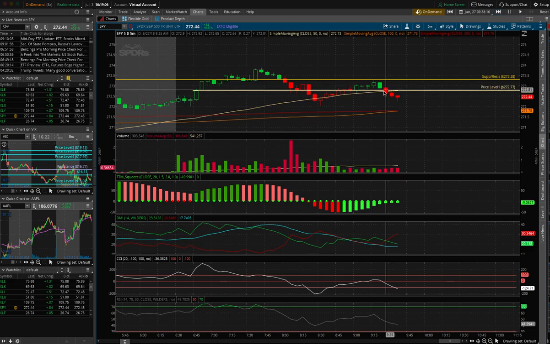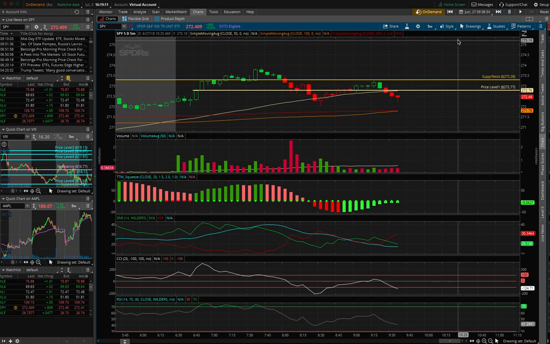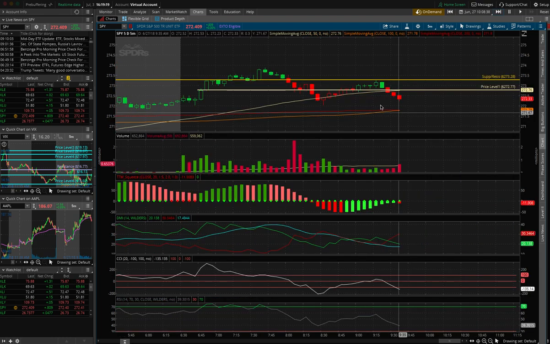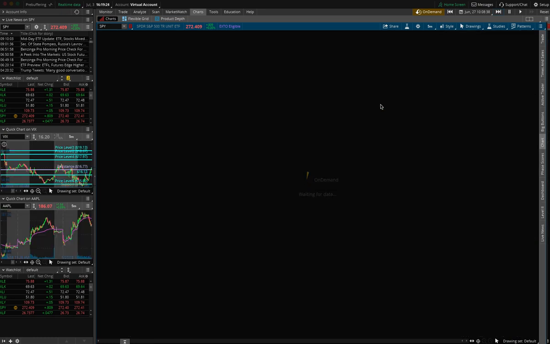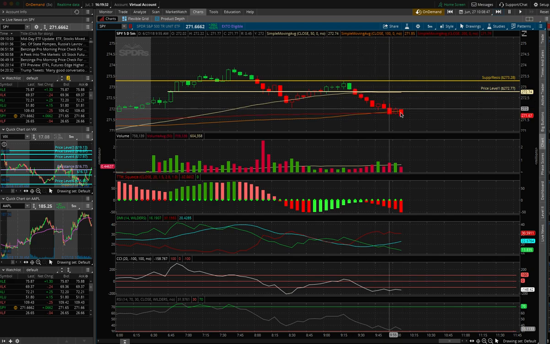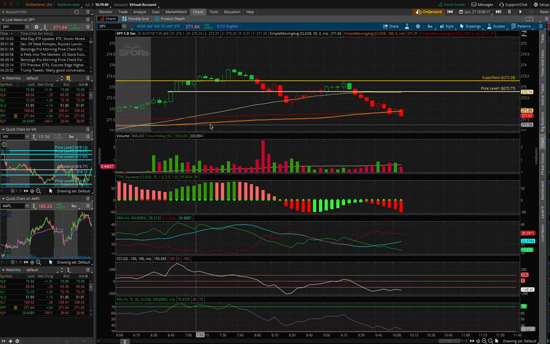So you would get puts on this candle as a confirmation that we back tested and failed. If you got puts on this candle, you would be doing okay, as this resistance is strong resistance, not strong support. And the previous support was strong support, not strong resistance.